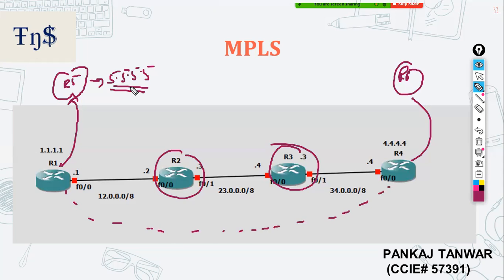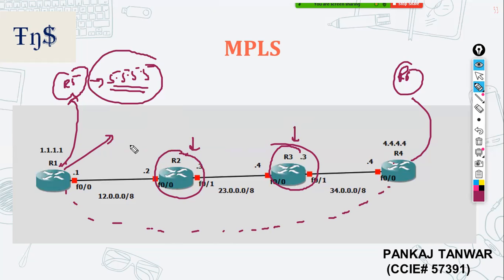So this information will be with R1, then R1 will advertise this information to R4, and this is how it works. There will be no information of the actual subnets with the transit devices. The transit devices are going to forward the traffic based upon labels only.